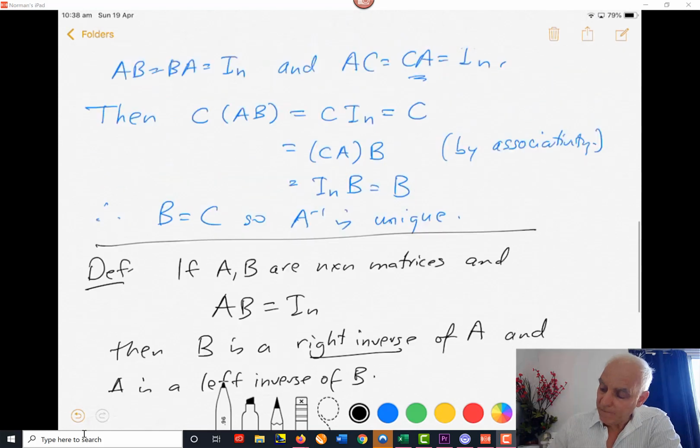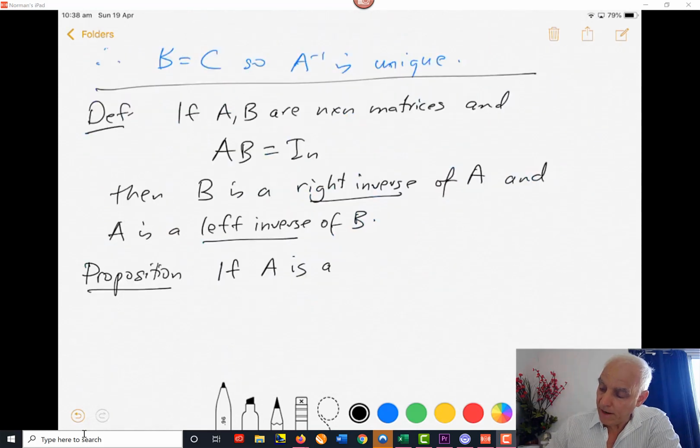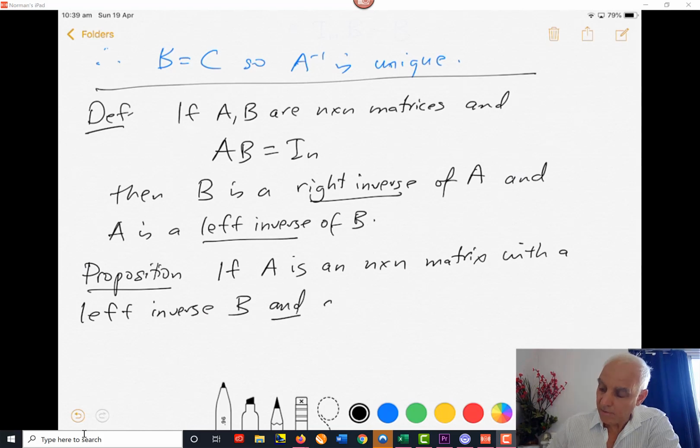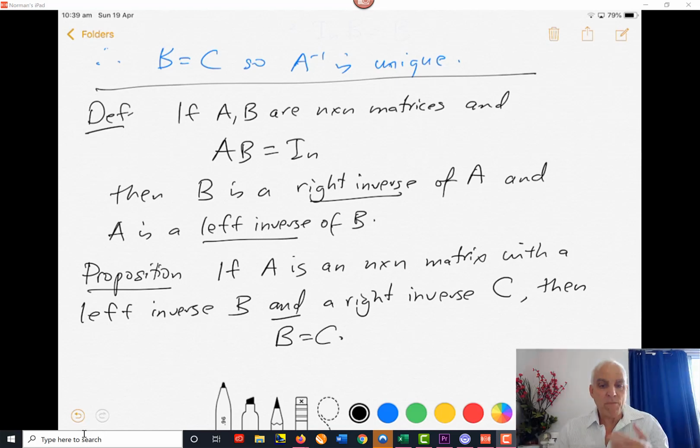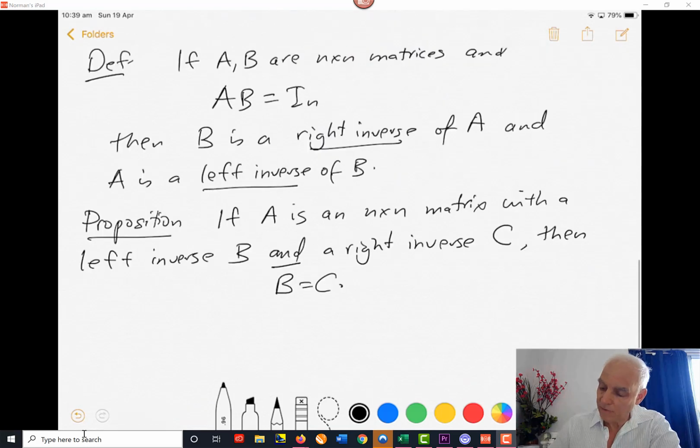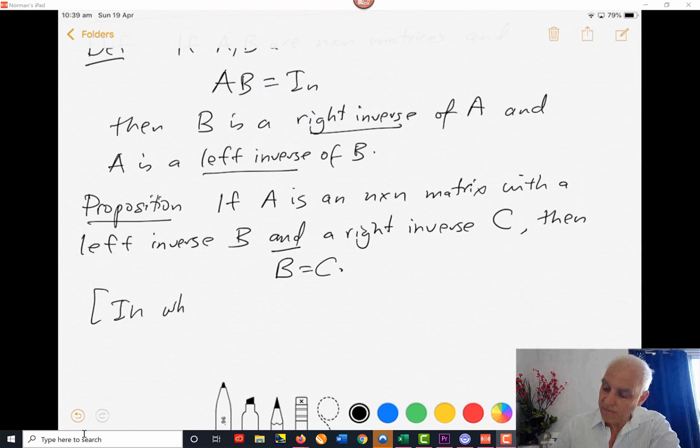The proposition is that if A is an n by n matrix with, say, left inverse B and right inverse C, then B equals C. So if we have both a left inverse and a right inverse, then they necessarily must be the same, in which case A is then invertible.